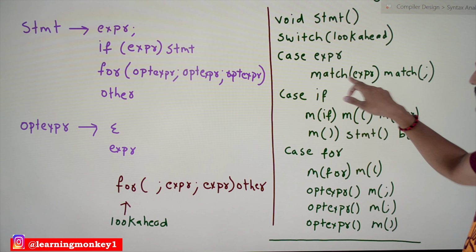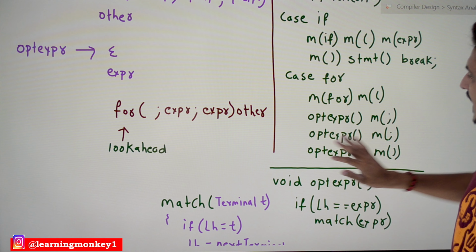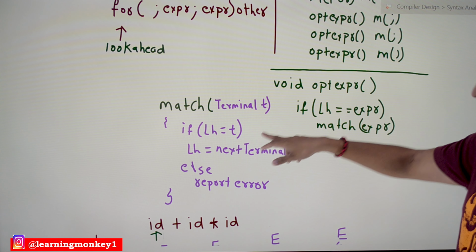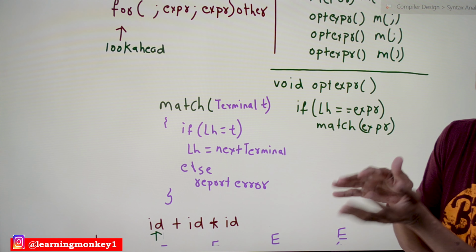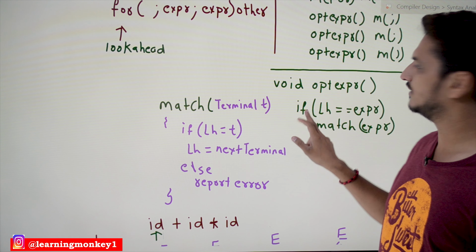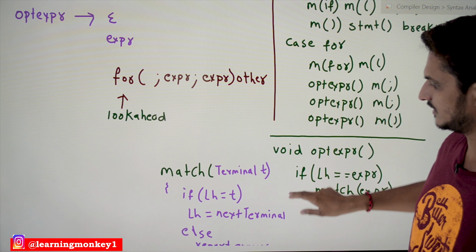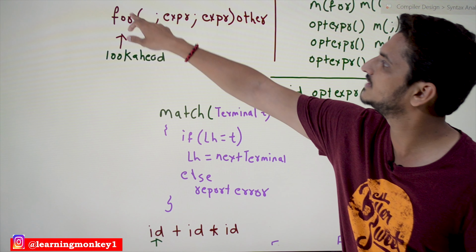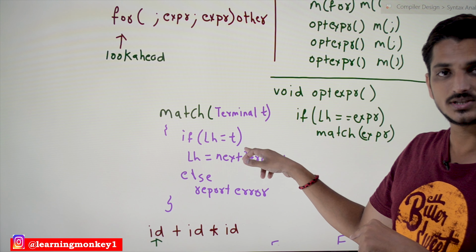So what does the match function mean? We are calling the match function. This logic we already discussed in recursive descent parsing. We are making it a separate function. Why? Match of terminal t means that in place of t we are placing for. If lookahead is equal to t, what does the lookahead say?